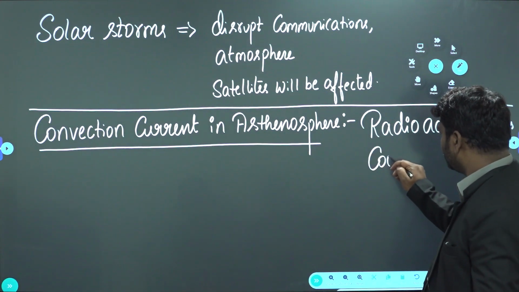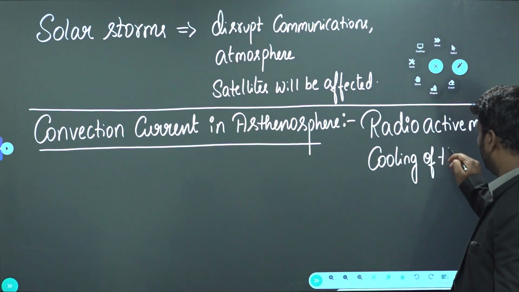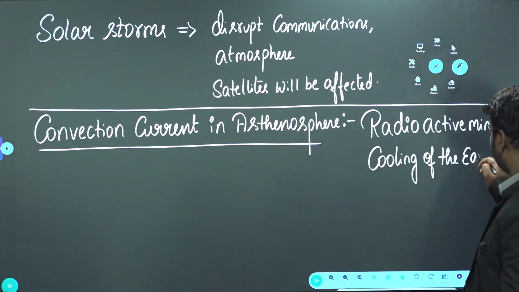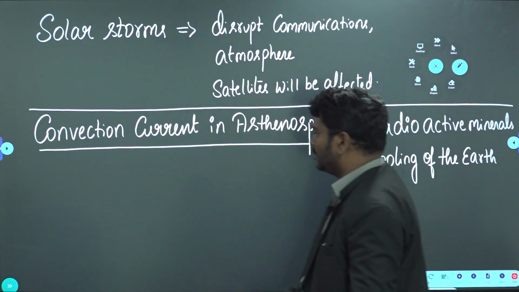Cooling of the earth. Convection current is due to radioactive minerals and cooling of the earth.